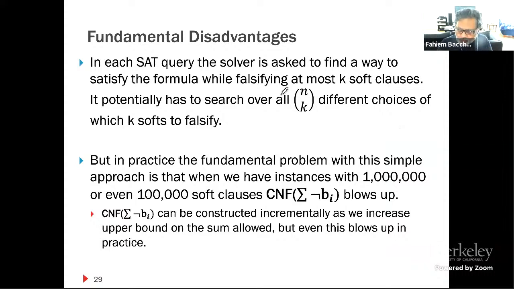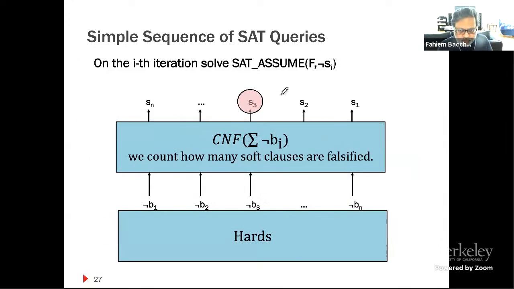Now, the problem with this approach and why this simple approach doesn't really work very well is that you're not telling the SAT solver much. You're basically saying to the SAT solver when you, for example, set this assumption to be false, the SAT solver will go off and look at the formula and see if you can satisfy this formula for any choice of 2 soft clauses that you can satisfy.